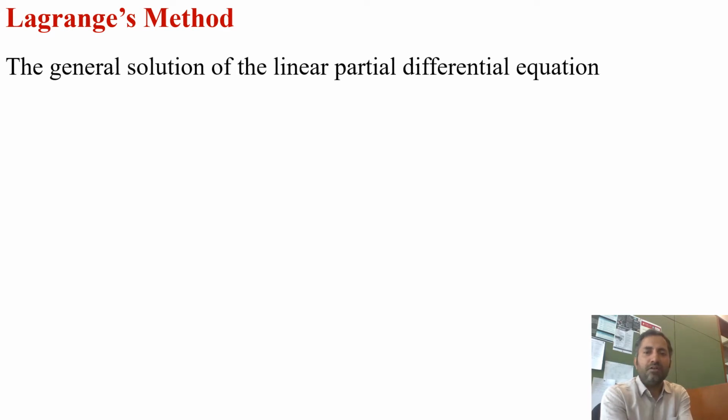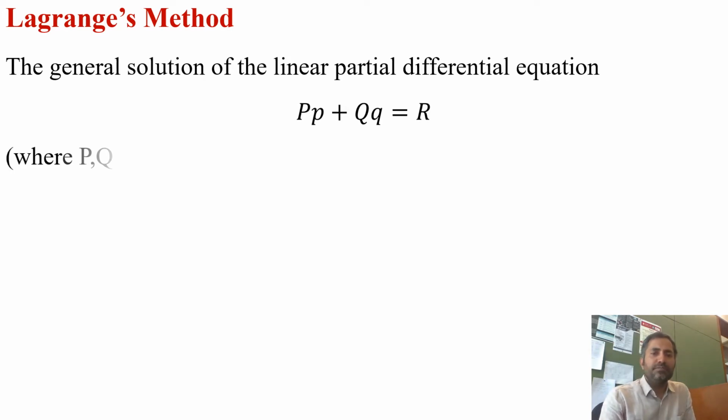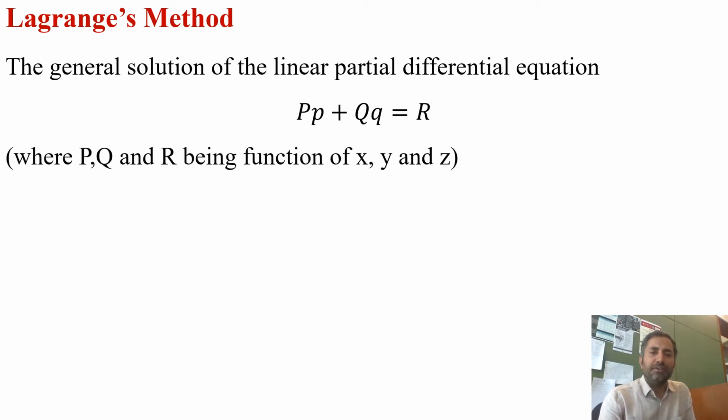So first we see what is going on in the Lagrange's method. Once we find the general solution of a linear partial differential equation of order 1, like capital P p plus capital Q q is equal to R, where these capital P, Q, R are functions of x, y, and z.